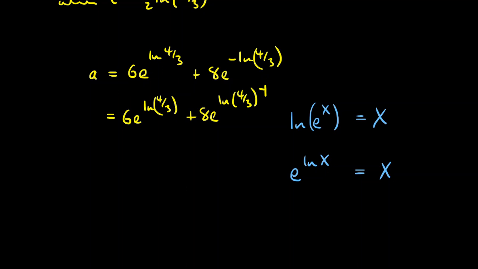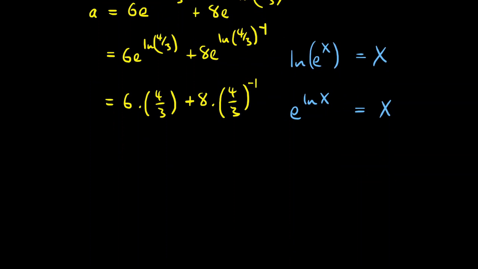That enables me to use this property here. So instead of 6e to the ln 4 upon 3, the e and the ln cancel each other out, so I get 6 times 4 upon 3. And the same thing here, right? Instead of e to the power of ln 4 upon 3 to the -1, that's just 4 upon 3 to the -1. So now I can hopefully simplify this.